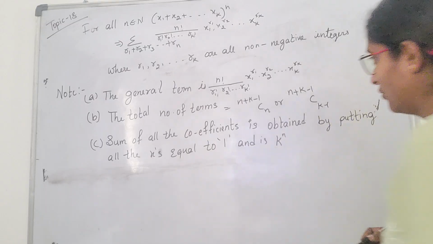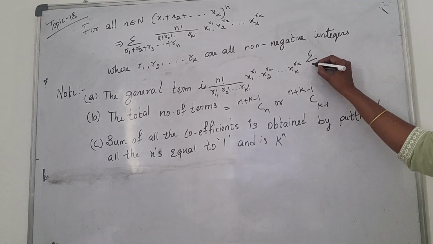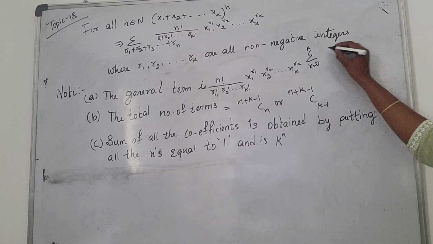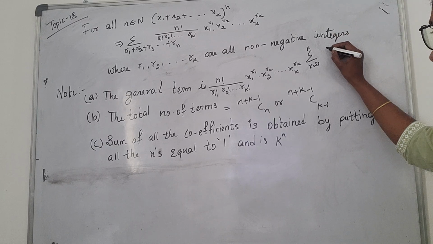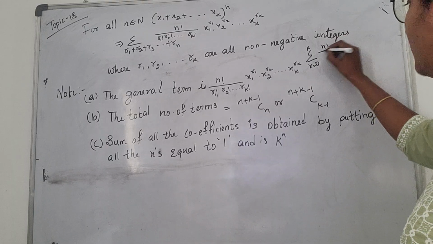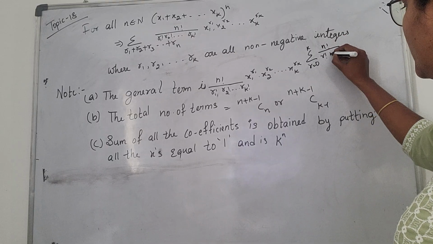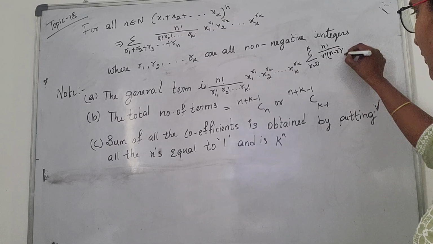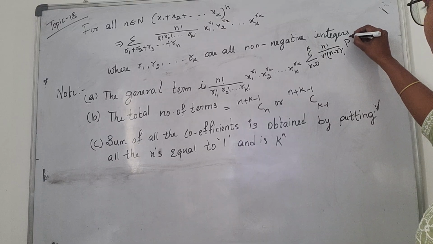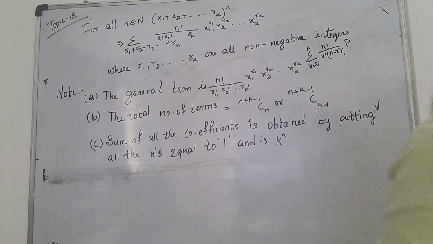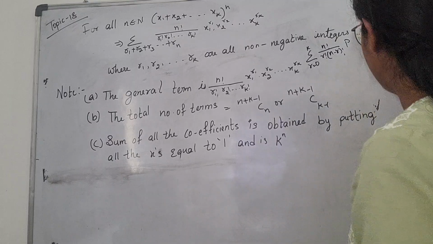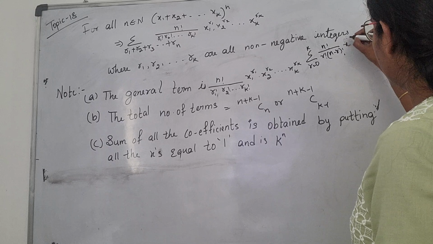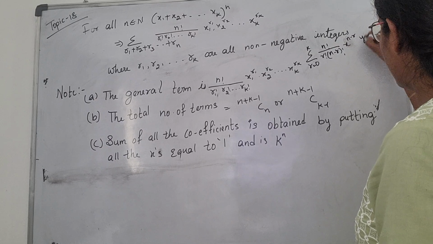Let me explain. Suppose it is sigma r equals 0 to k, we know that, right? Then I am going to write n factorial by r factorial, n minus r factorial, then x power of n minus r and y power of r.